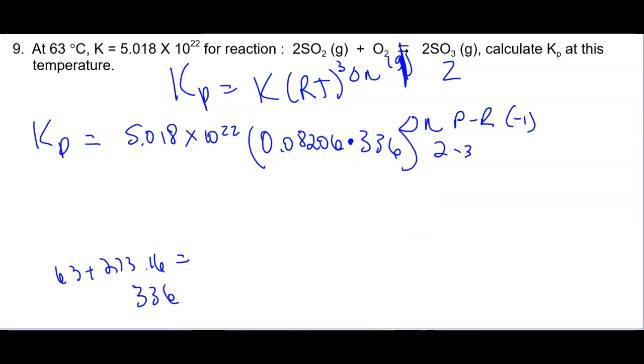So let me go through that math again. Parentheses on your calculator, 0.08206 times 336, close parentheses, caret to the negative 1, hit equals, and then 5.018 times 10 to the 22nd. And you should get 1.82 times 10 to the 21st.